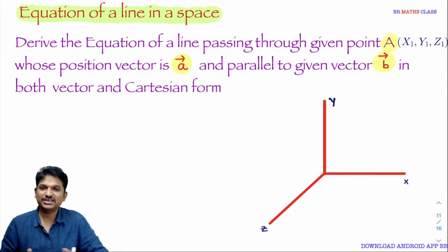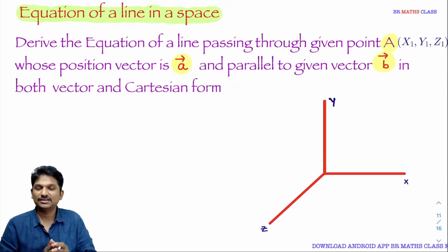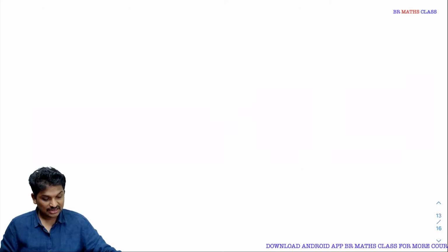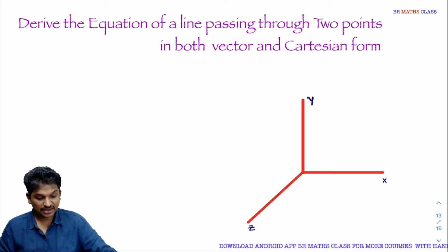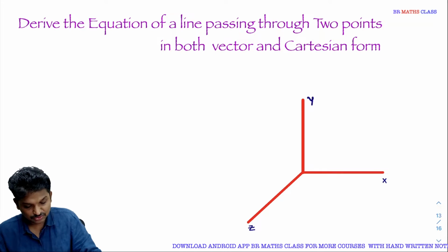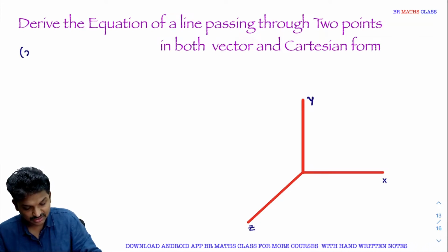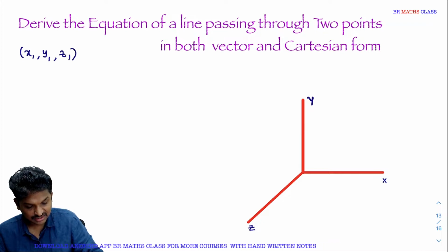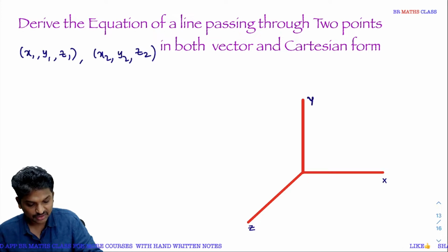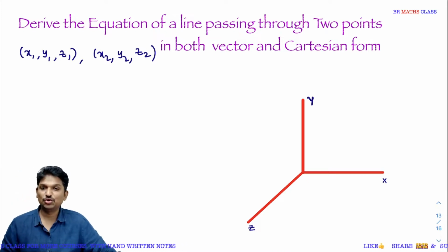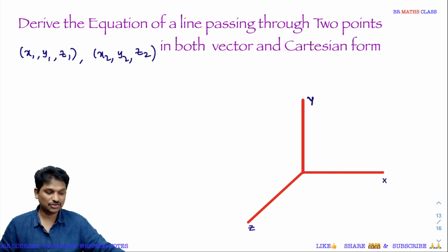You must have patience to understand 3D geometry, right? Next, another equation of a line passing through 2 points. We'll write those 2 points as x1 y1 z1 and x2 y2 z2, in both vector form and Cartesian form.